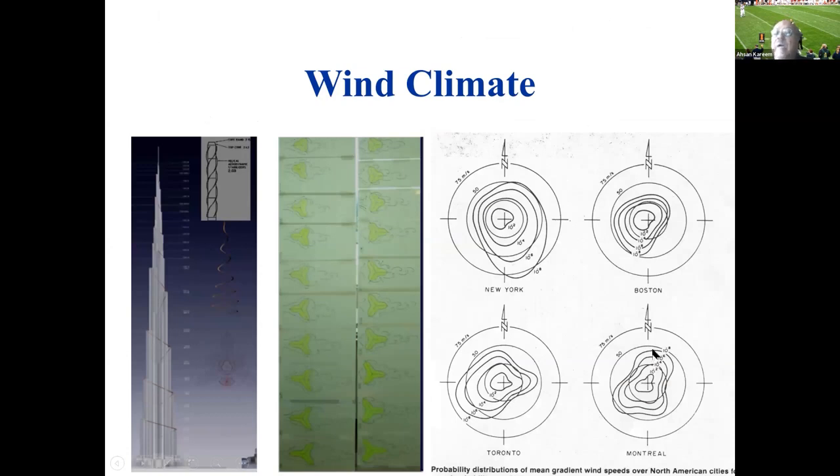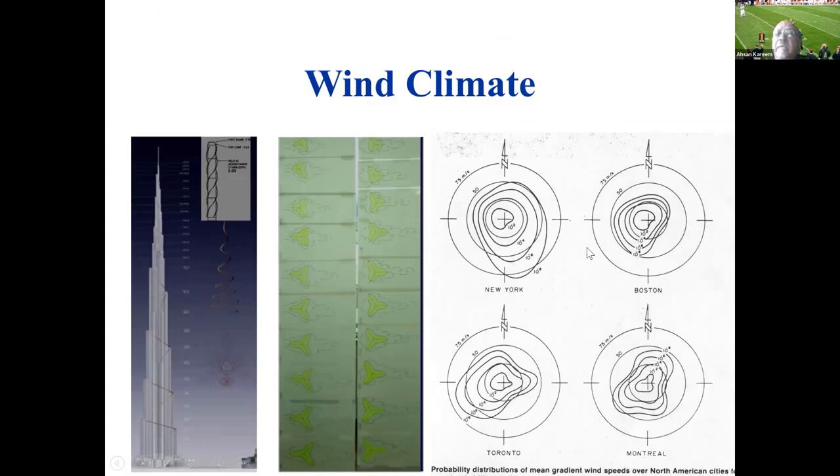We have to couple that with the local climatology. As you can see, in Boston, New York, Toronto, and Montreal, except New York, everybody has southwest as a dominant wind direction. Same as in Chicago. New York is dominated by southeastern because of the hurricanes.